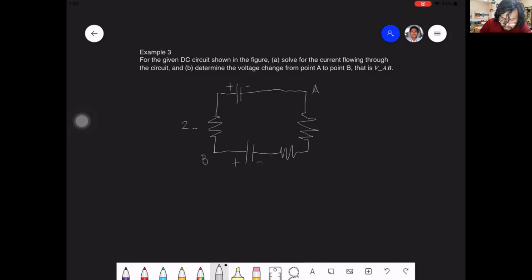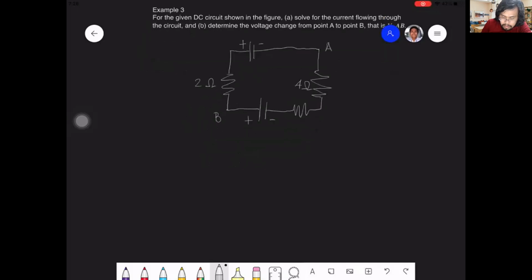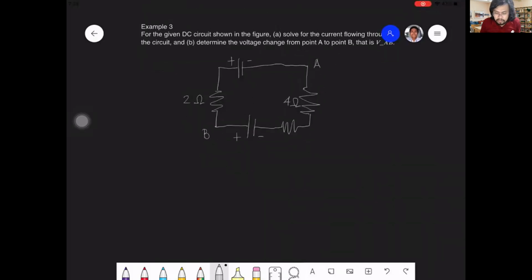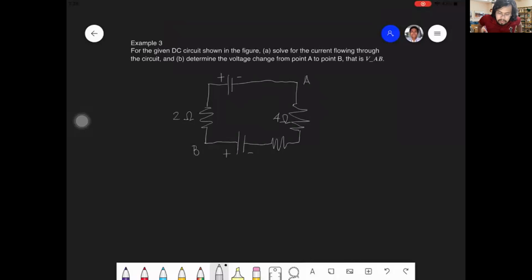And this is 2 ohms, while this one is 4 ohms. Question is for us to first solve the current flowing through the circuit, and next is to determine the voltage change. And this is the difference between the voltage of points A and B as shown.